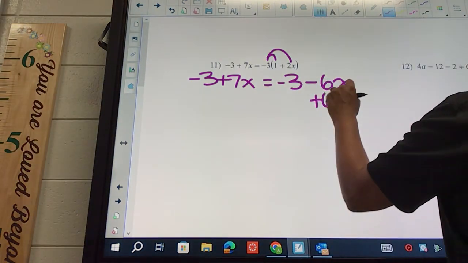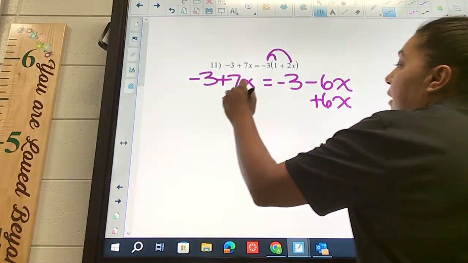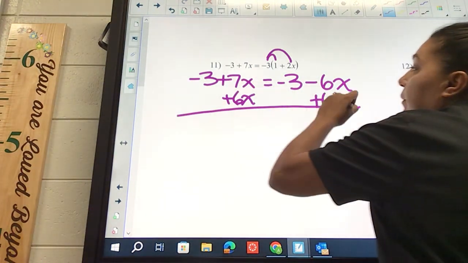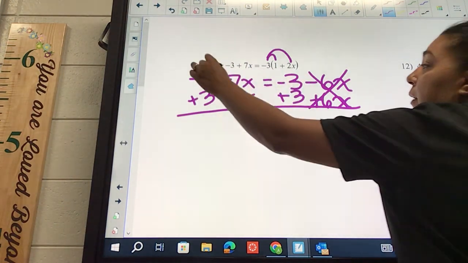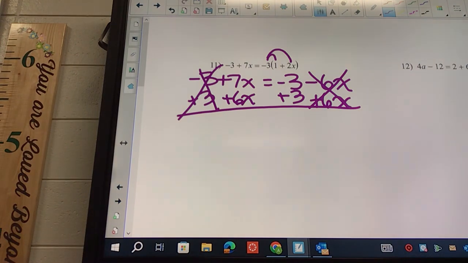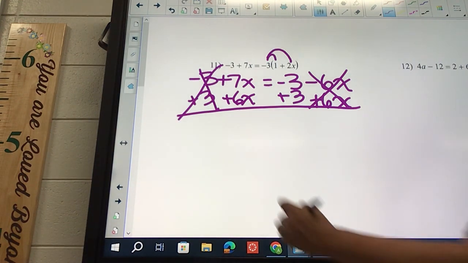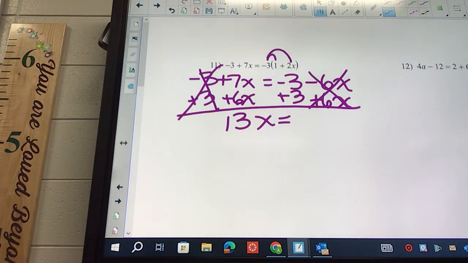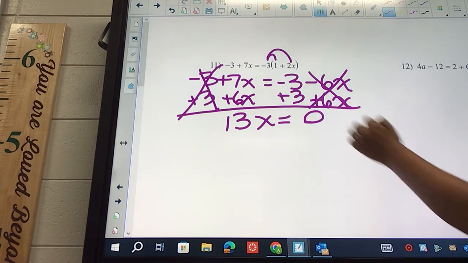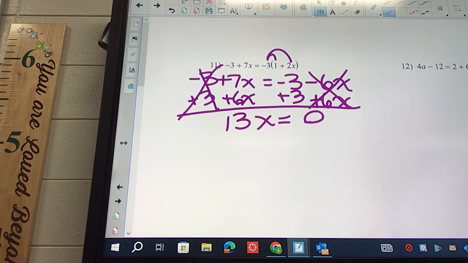So I got a plus 6x plus 6x. And then I got a plus 3 and a plus 3. 7 plus 6 is going to be 13x. -3 plus 3, 0. So I got 13x equals 0. So what is my final answer going to be? 0.